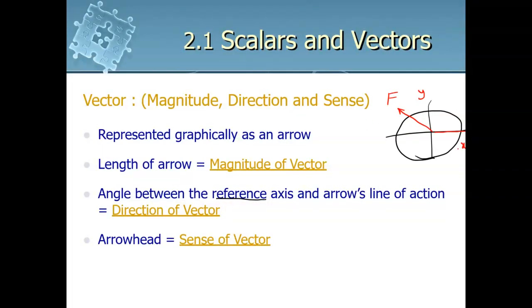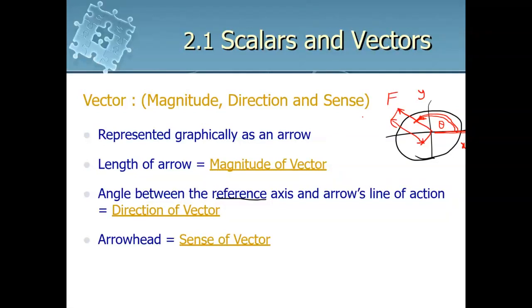That is my reference axis, x. You have to go from the reference axis to the vector in the counterclockwise direction, and that is the direction of this vector. So this vector is described not only by its magnitude, but also by its direction, which is the angle the reference axis should travel in the counterclockwise direction to reach the vector. So that is the direction.